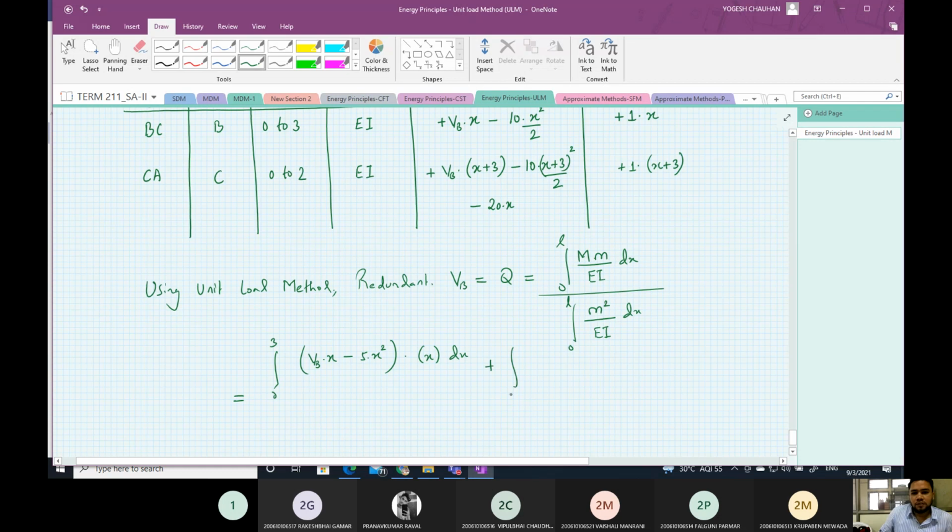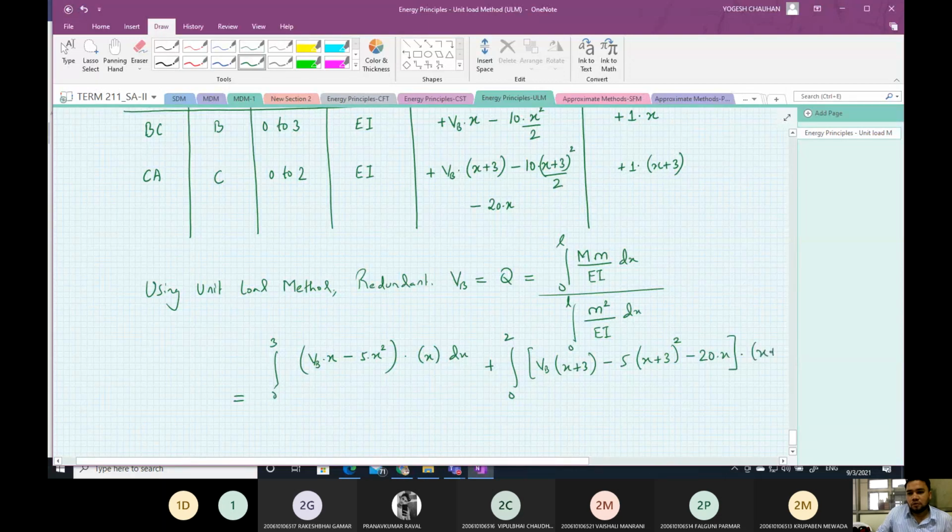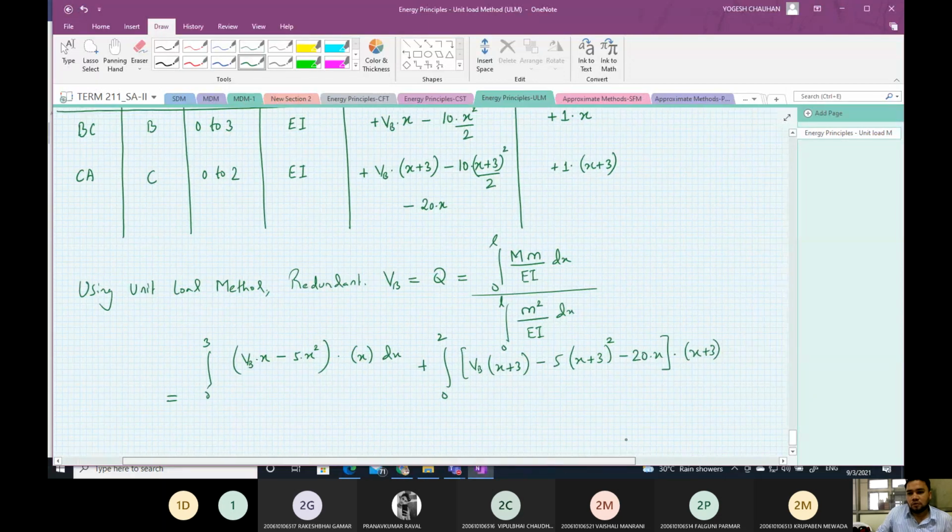Plus integration 0 to 2 of this term, that is VB into x plus 3 minus 5 into x plus 3 whole square minus 20x, into x plus 3 dx.